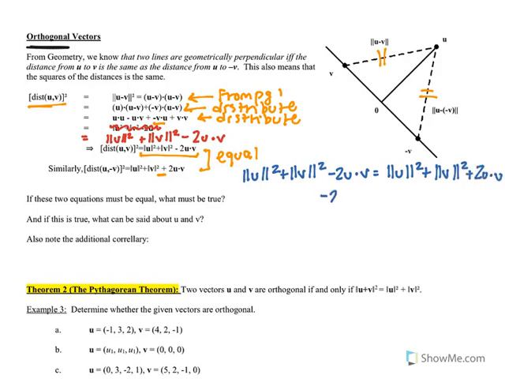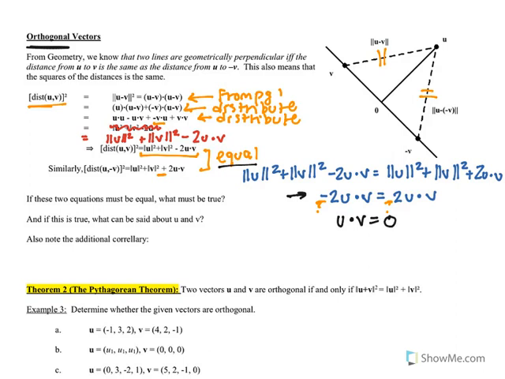Subtracting everything that is in common, negative 2u dotted with v should be equal to 2u dotted with v. Now the only time that the dot product will be equivalent but the opposite sign, this one's negative, this one's positive, is if the dot product is 0.